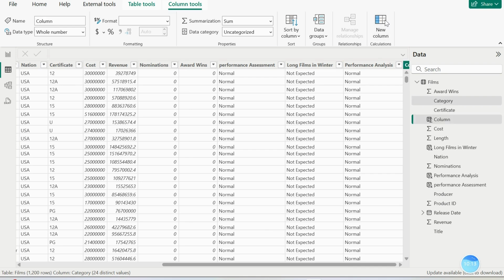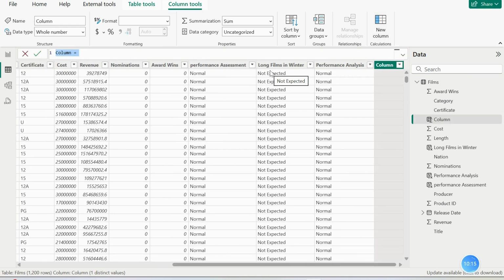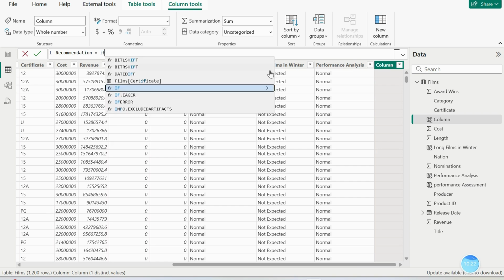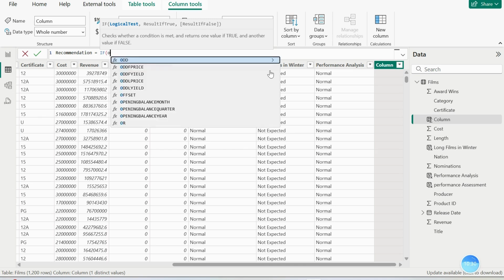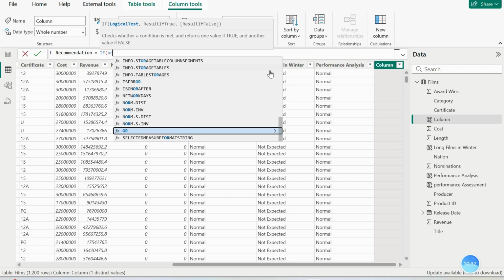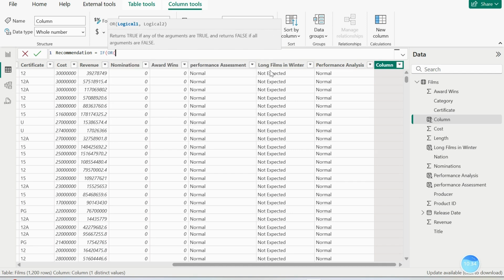Okay, let's try recommendation of the movie. If the movie is A indicator or B indicator, how to do it? So we need the OR function.